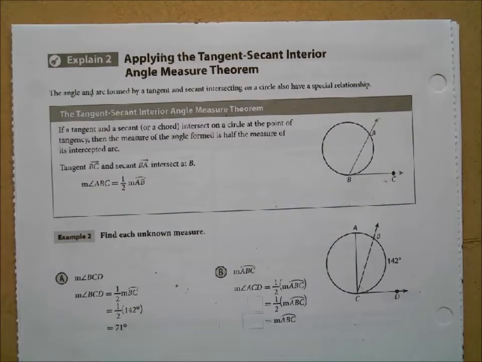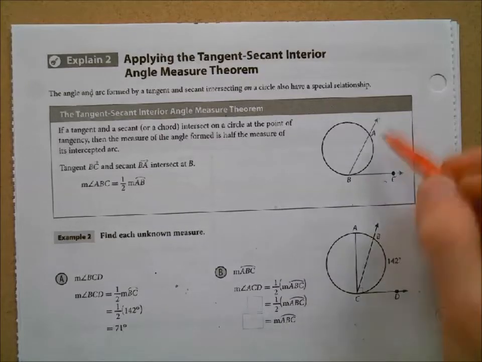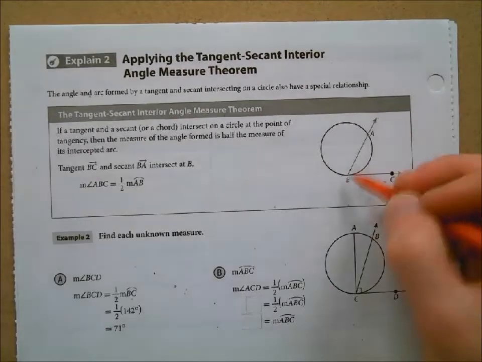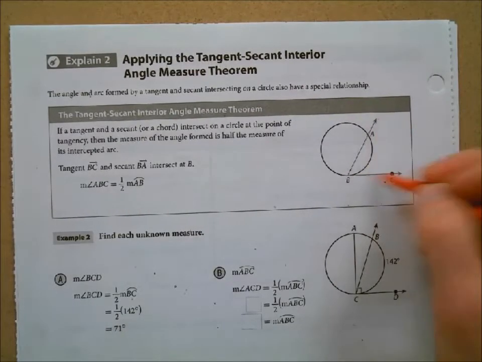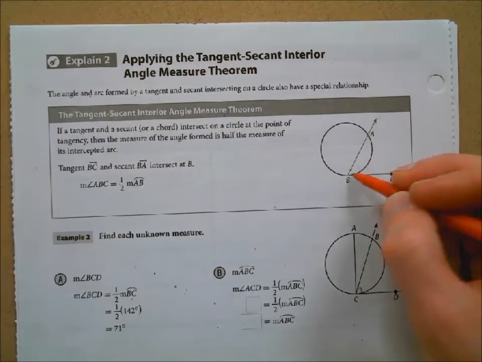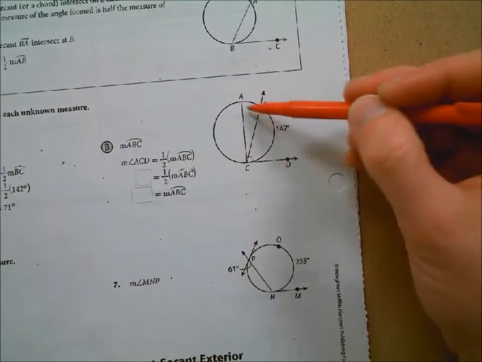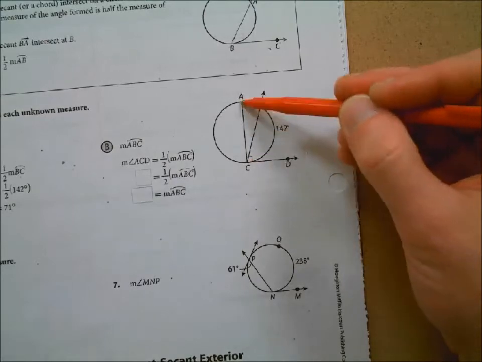So, in summary, if you've got an angle and its vertex is on your circle, then that angle is 1/2 of the intercepted arc that it cuts out. So you can think of this like an inscribed angle. This angle right here is 1/2 of this arc that it's cutting out. Just like angle ACB, that's an inscribed angle.